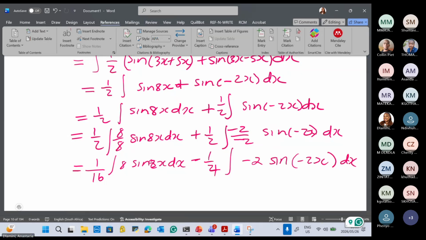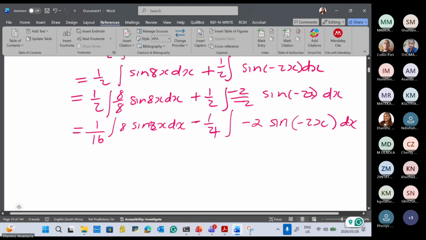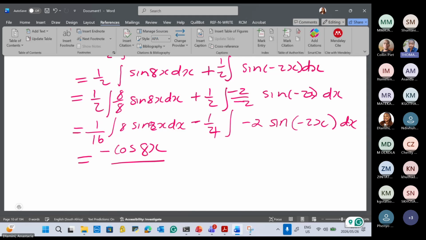And then? Now we integrate. Okay, so give me answers. So the first integration will be negative cos 8x over 16 minus cos of 8x over 16.